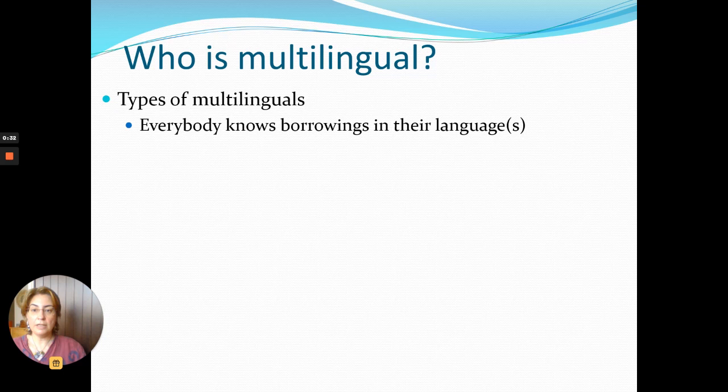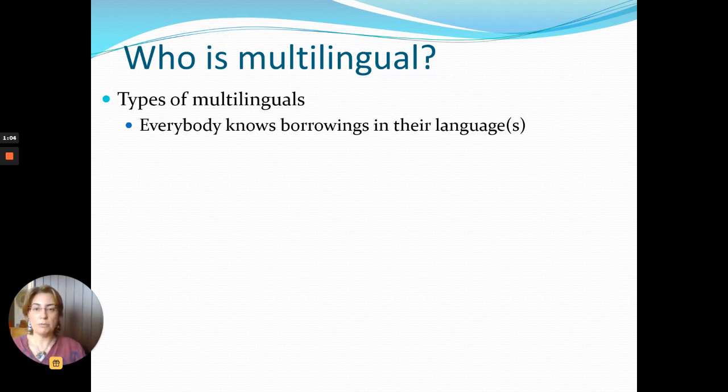So the first observation is that everybody knows borrowings in their language. We all talk about pizzas, sushi, and so on and so forth. So everybody knows words that belong to another language, and they have become a normal item in our language. Sometimes we don't even perceive them as different words, but they technically are, because their origin can be traced easily to other words.